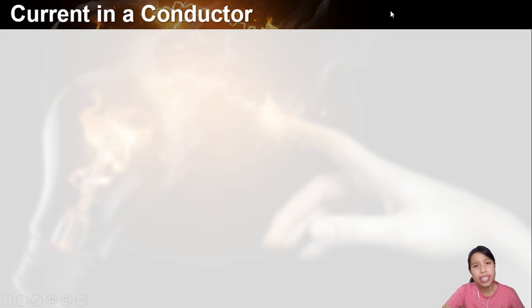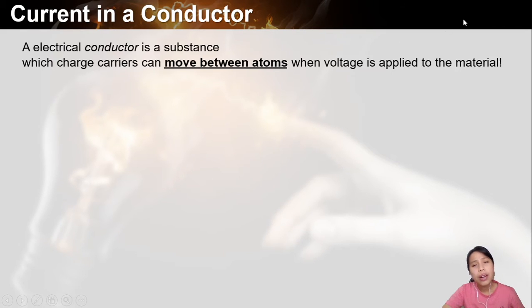First things first, what is a conductor though? You don't have to memorize this for A levels, but it's just for you to know. An electrical conductor is usually something that can conduct electricity. What does that mean? If you connect a circuit, electricity will flow through it.